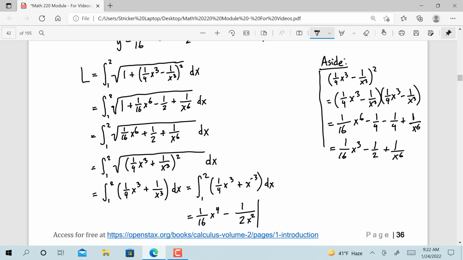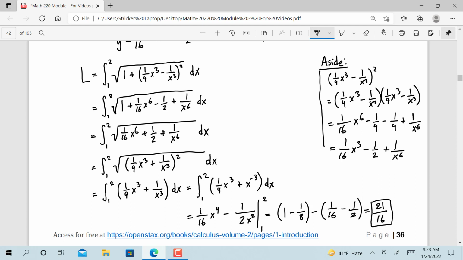And then we're going to evaluate this from 1 to 2, which is going to give us 1 minus 1/8 when we plug in 2, and then when we plug in 1, we get 1/16 minus 1/2, and this simplifies down to 21 over 16.